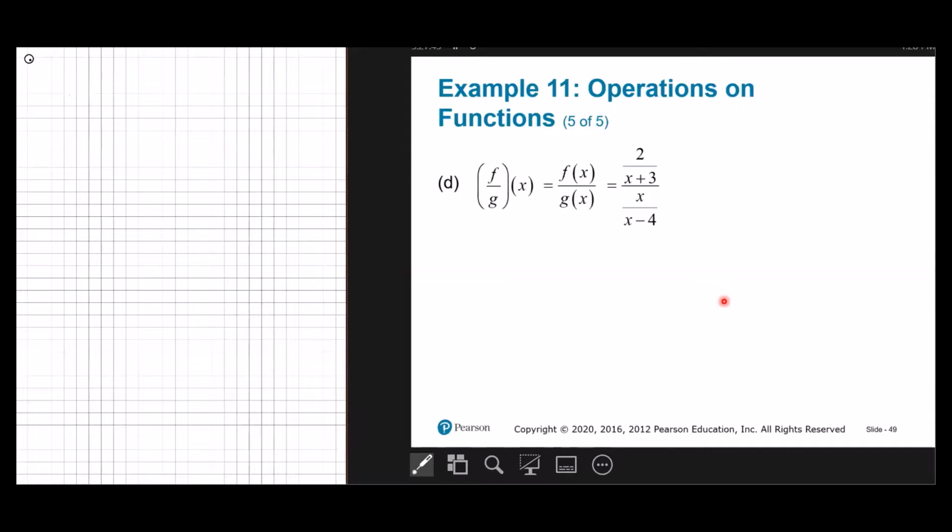They do something that they don't explain. 2 over x plus 3 being divided by x over x minus 4. So I'm dividing by the denominator. So this is the expression 2 over x plus 3 being divided by the fraction x over x minus 4.